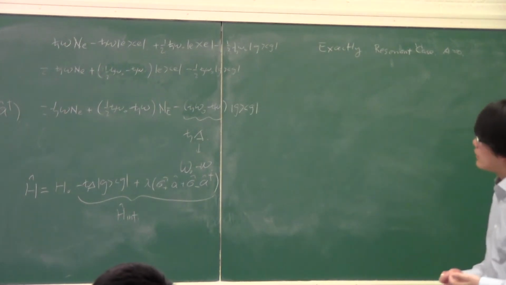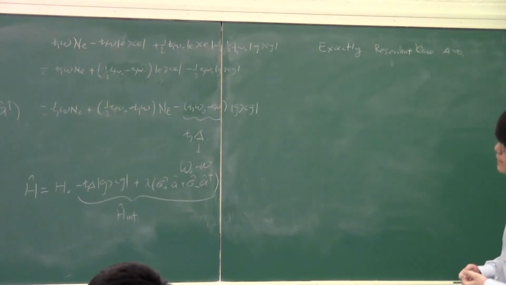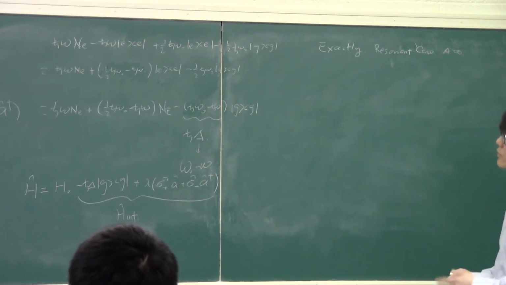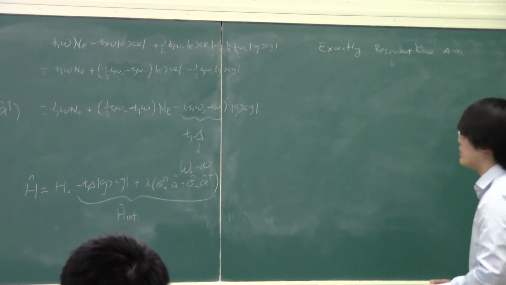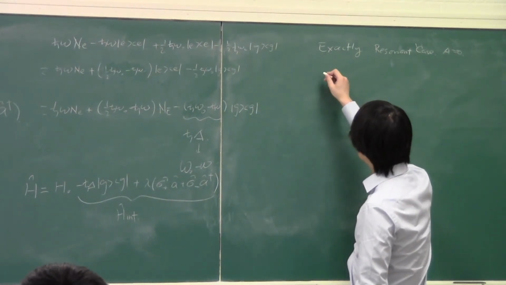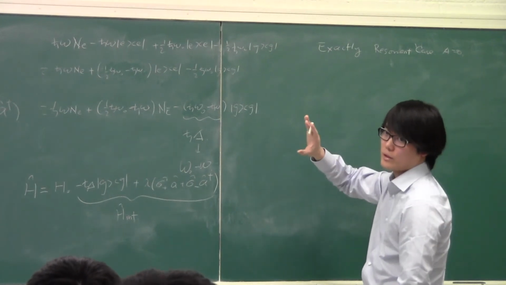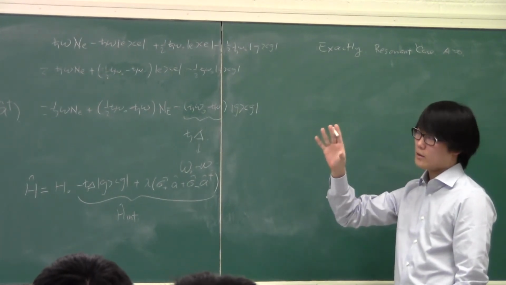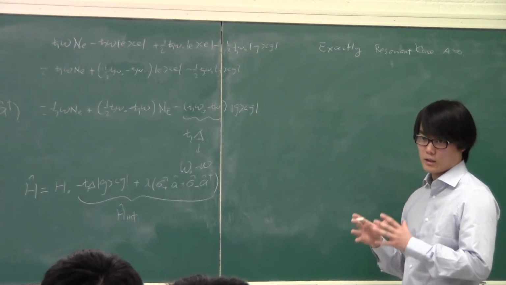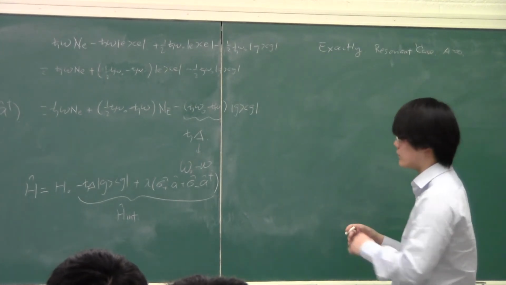Okay. Now I need to introduce the interaction picture, which is, we've done the Schrodinger picture and the Heisenberg picture, which is like this. How do I link between these two pictures? Basically, I'm saying that the expectation value of the observables should agree across different pictures.